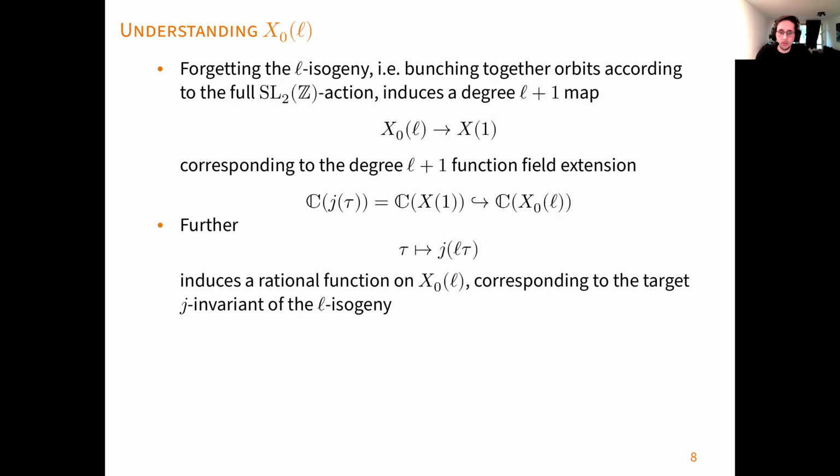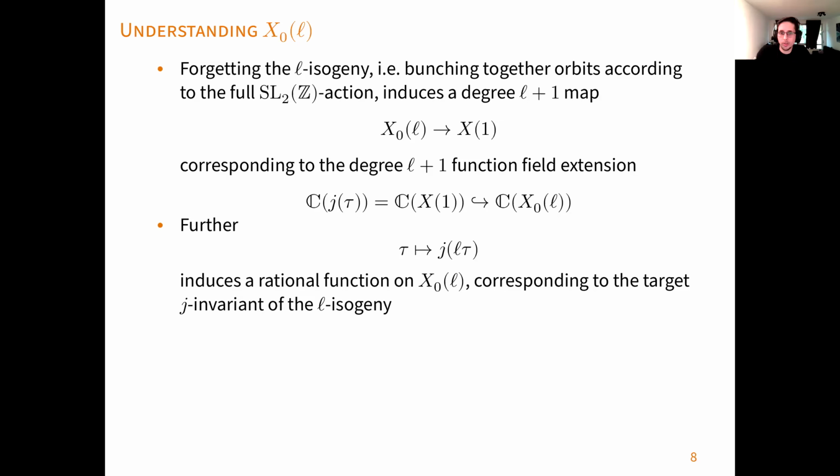And for this, one observes that one can define another rational function on X0L, which is induced by just mapping tau to the j-invariant of L tau. And this corresponds to taking the target j-invariant of the l-isogeny given by the cyclic subgroup that classifies our orbits on the non-compactified part, of course.